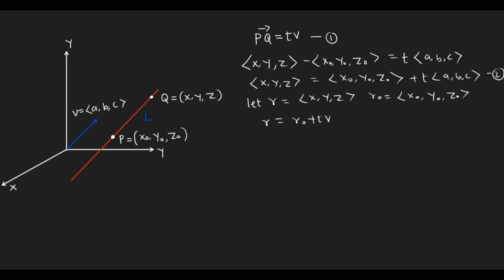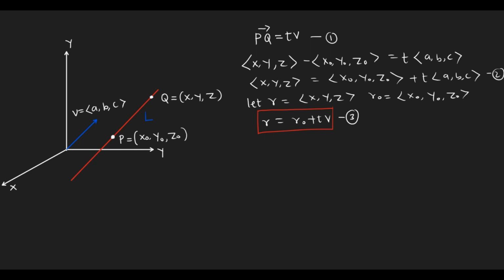This is the vector equation of the line now. Let's name this equation 3, and let me draw a rectangle around this equation.